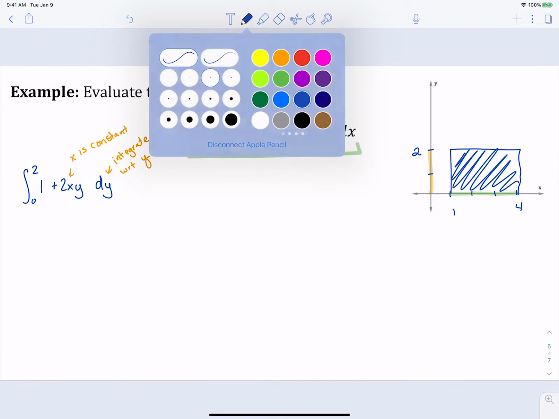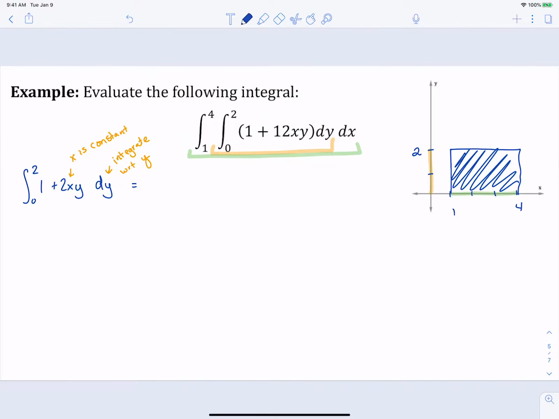So how this is going to work out is that we're going to integrate 1, which is going to give us y, and then plus 2x. We're going to treat all of that as a constant, our 2 and our x.